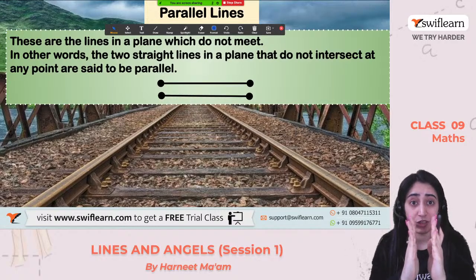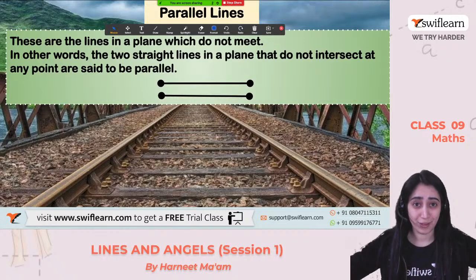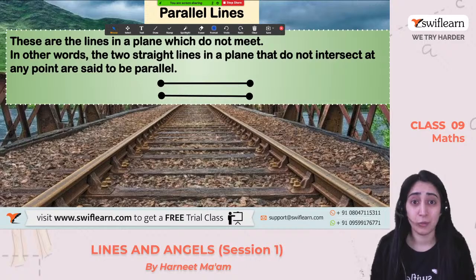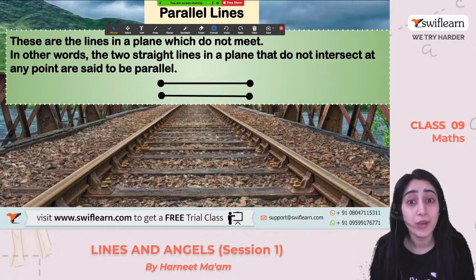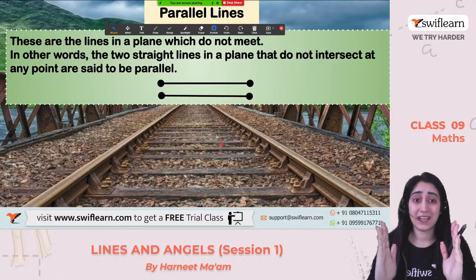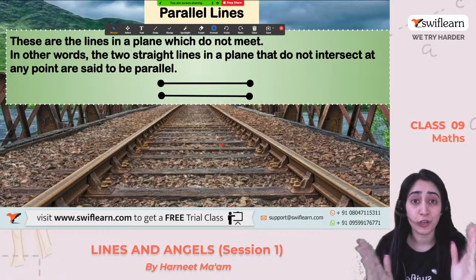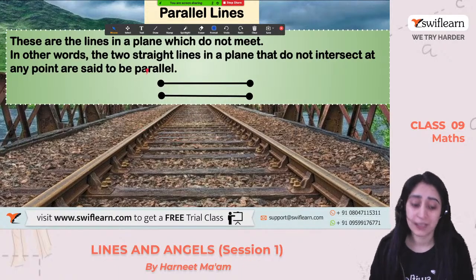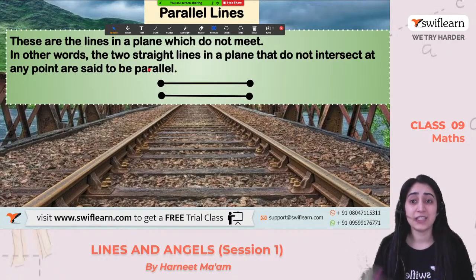Standing just next to each other and shaking hands, not so far apart, or maybe hugging each other. Is it possible? No. So the 2 straight lines in a plane that keep on going and never meet, never interact at any point, we call parallel lines. So that is what is happening: these 2 lines in a plane do not meet.